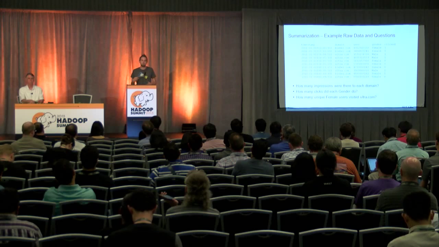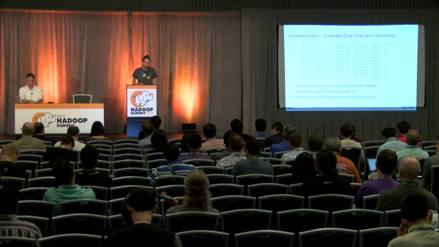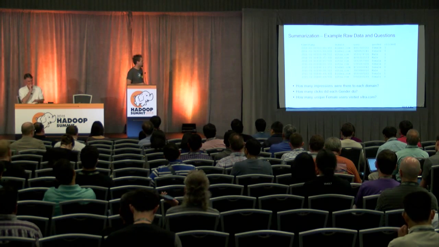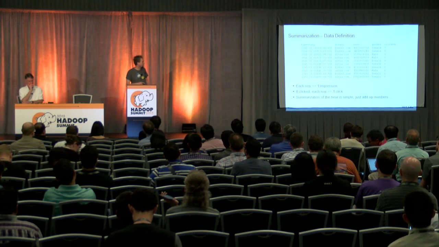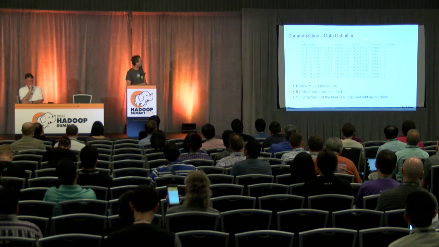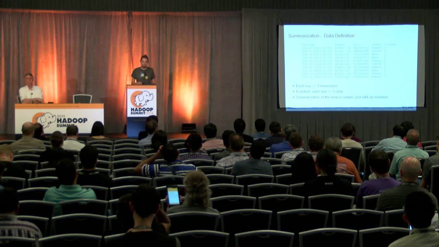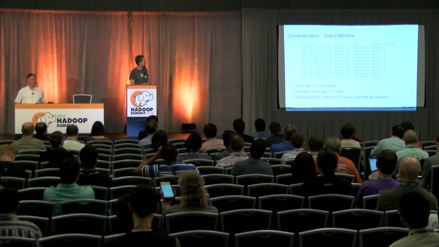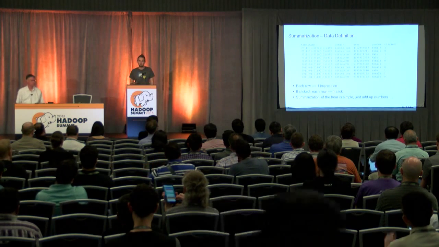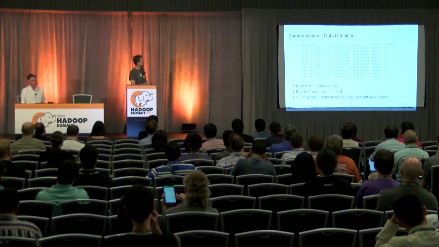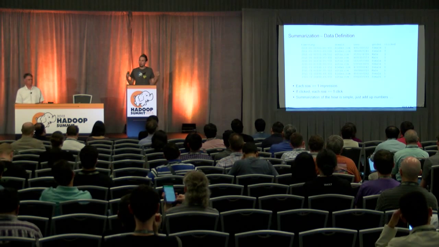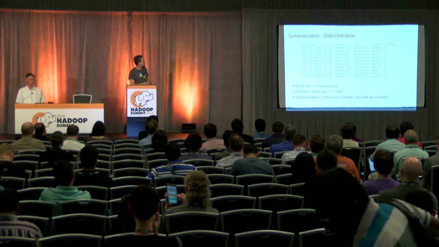In order to answer these questions using this data, if we assume each row is one ad impression, and each click is one click, you can pretty easily summarize this and say what happened within the hour, by just taking the first portion, the hour, and throwing away the rest.